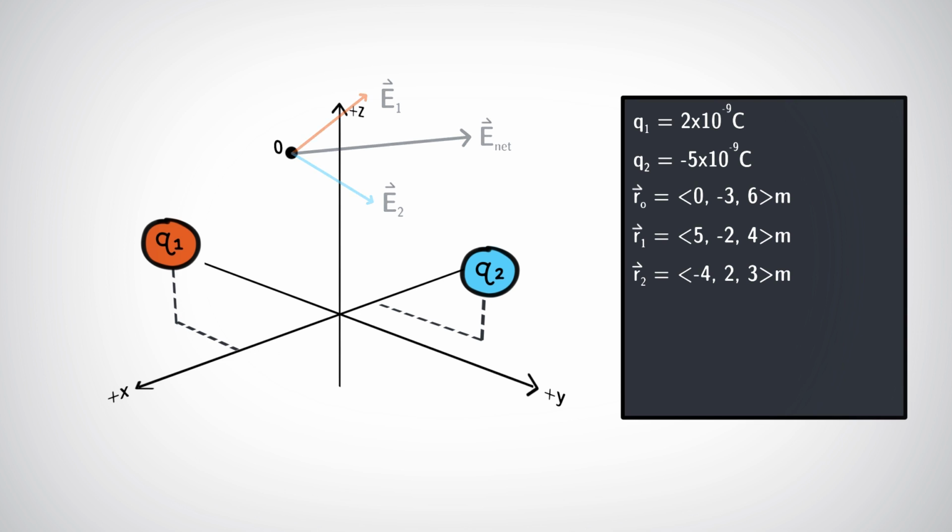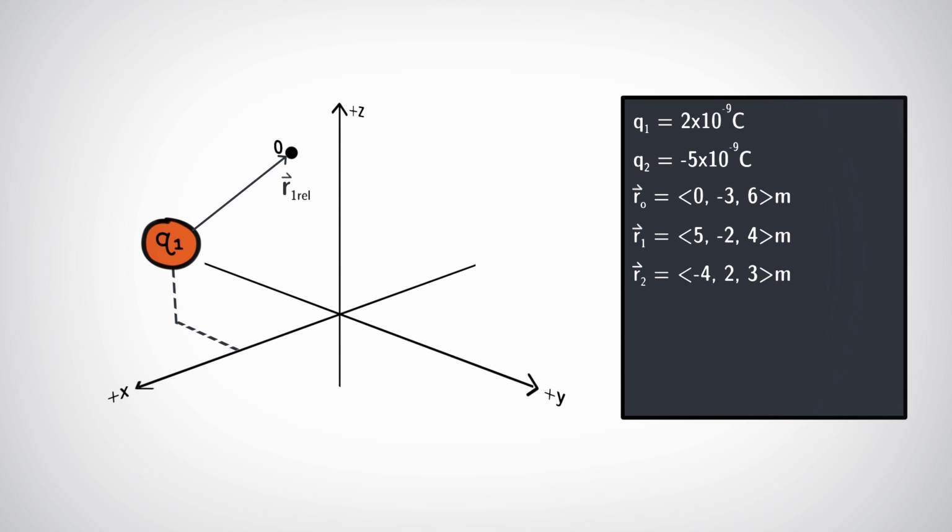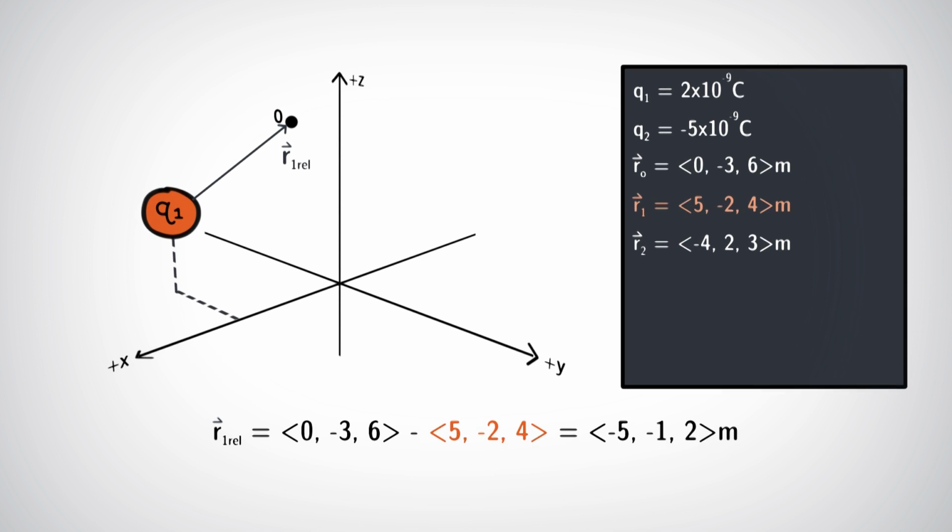Let's start by ignoring Q2 completely and focus solely on finding the electric field due to Q1. To calculate this, we need the relative position vector R sub 1 rel that points from Q1, the source of the field, to observation location O. That's given by the vector subtraction R sub O minus R1.